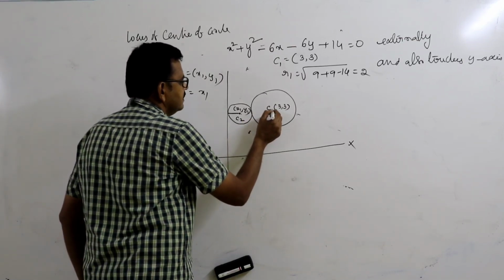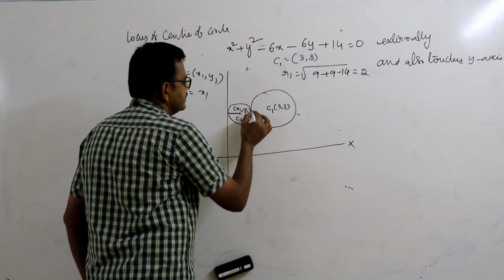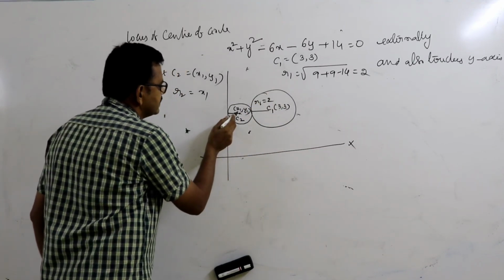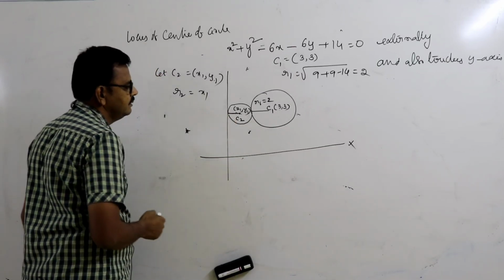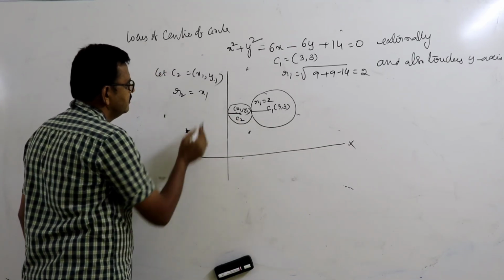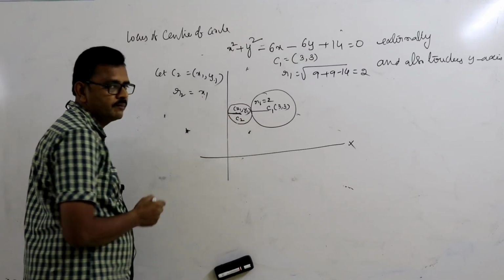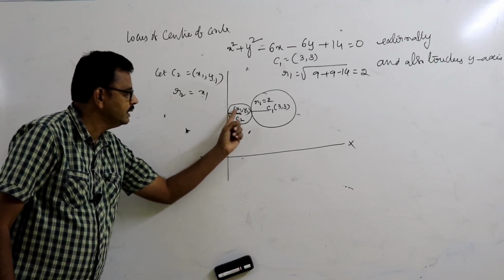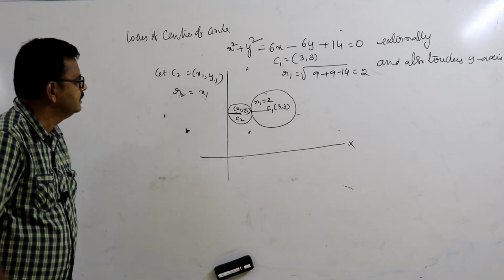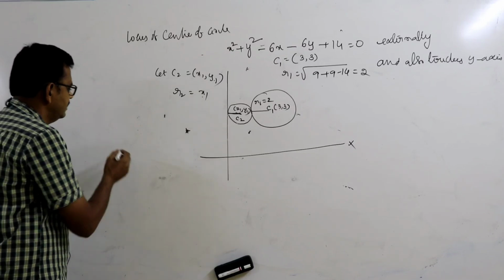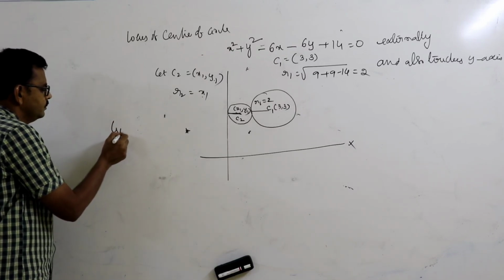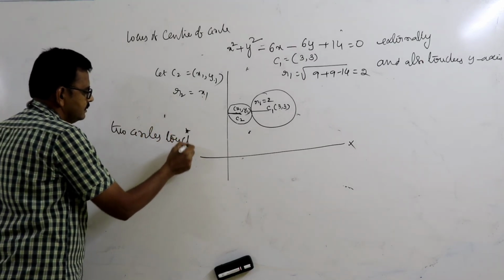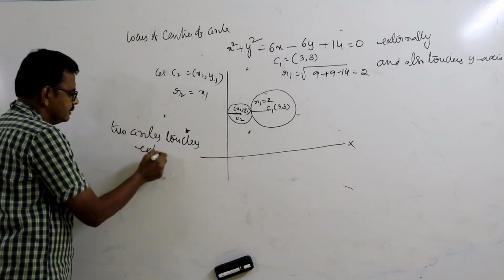So this is the circle with the center 3 comma 3, and r1 is equal to 2. The radius of the second circle is x1. The two circles touch externally.